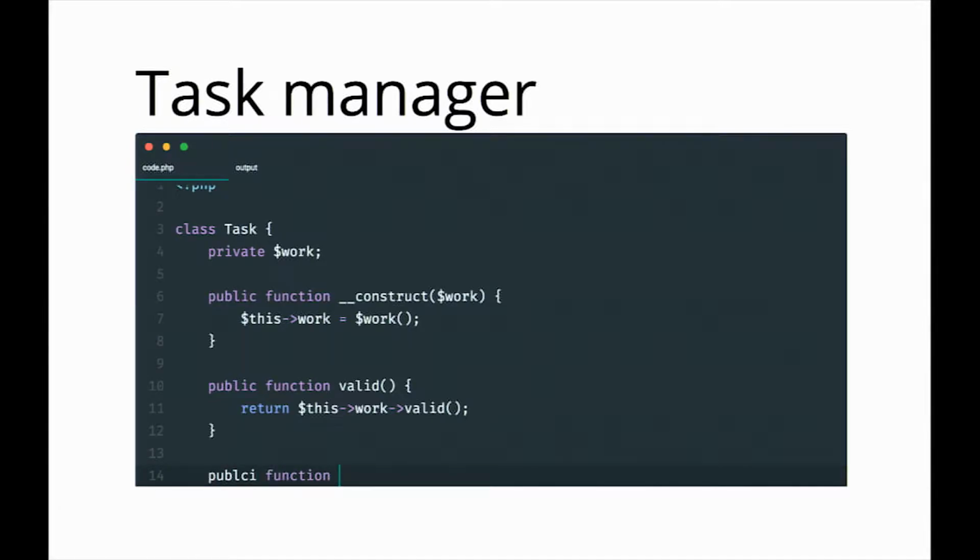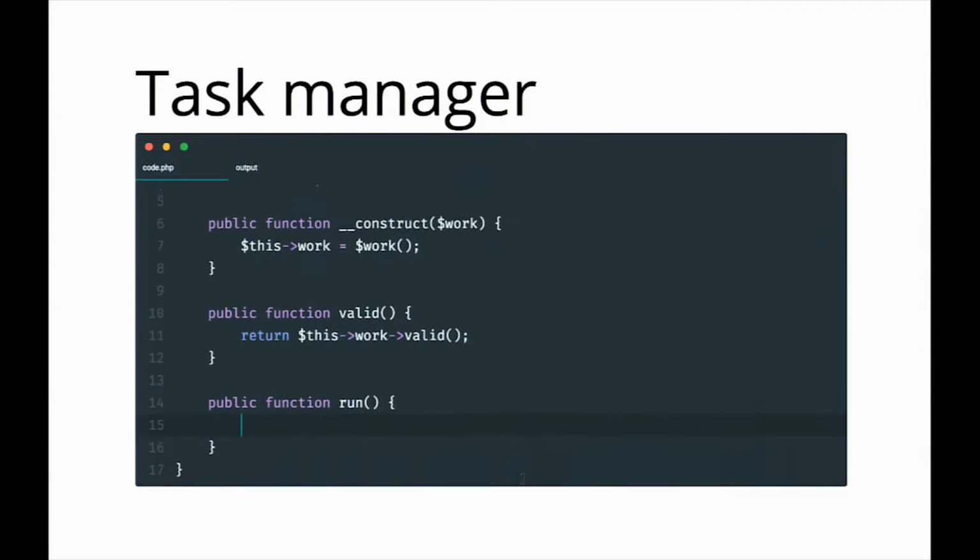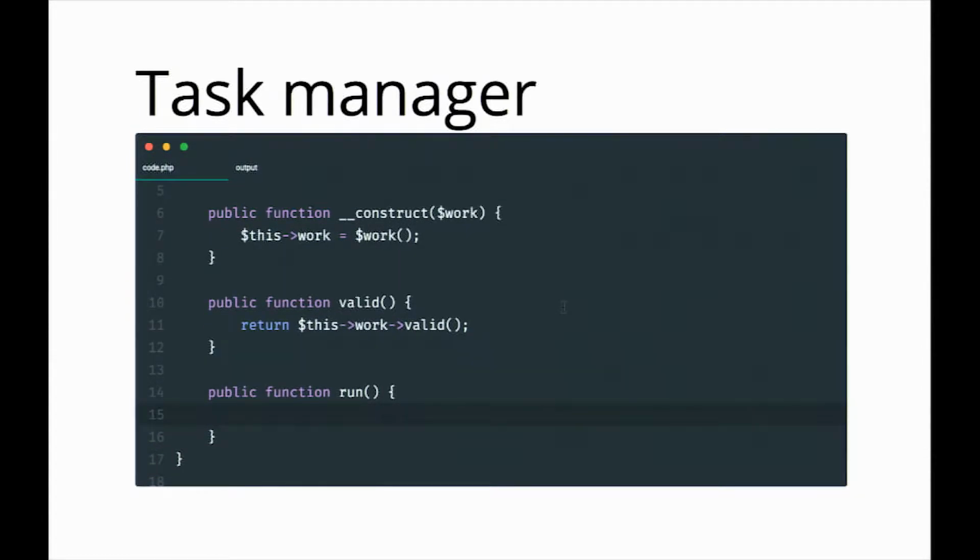And public function run. And what does it have to do for one tick of work to be done? This work, next. Okay. This looks a bit confusing for the moment, but let's look at what the task manager does, and we may get a deeper understanding of what's going on.